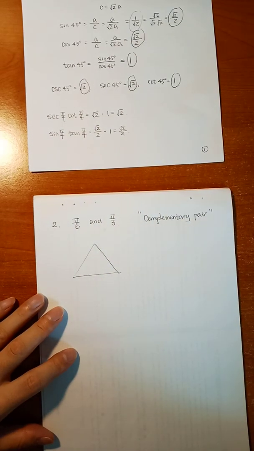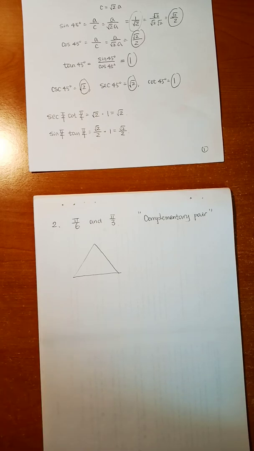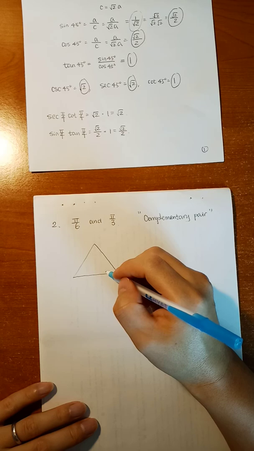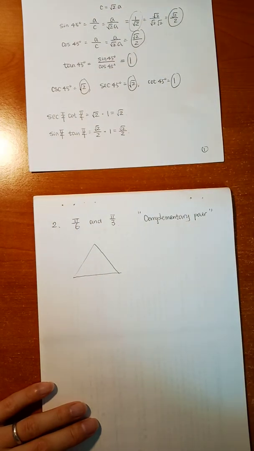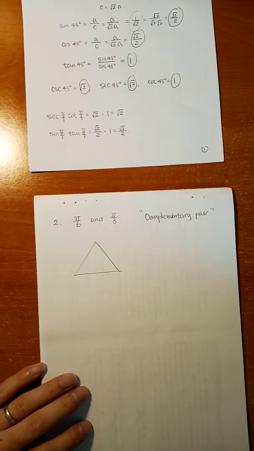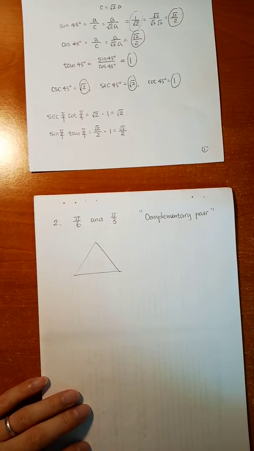Pi over 6, how do I draw it? We draw an equilateral triangle.